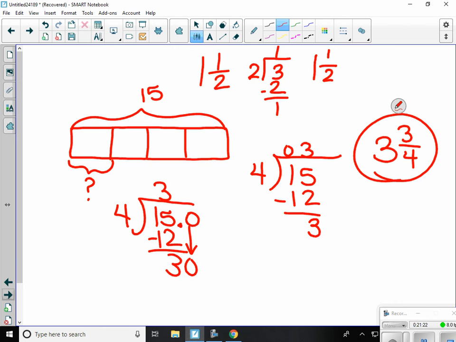How many times? 7. Shame on you. 28. There's a multiplication chart right there, and I cannot believe that. So 2. Still no remainder. Bring it down. 4 going into 20? 5. So now I have 3.75.